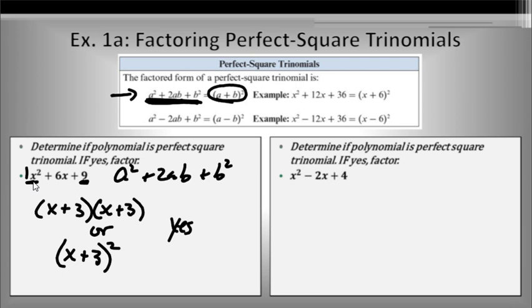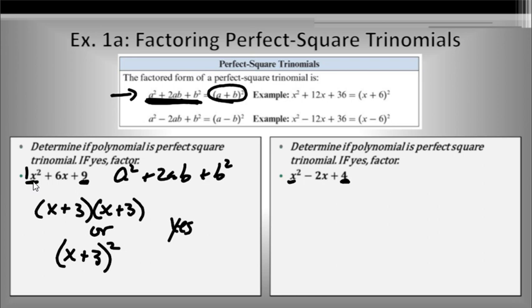The next one, check the first term and the last term. Are they perfect squares? Yes, because 4 is a perfect square, that's 2. Now in the middle, we have a negative 2x. So if I take the square root of 4, and I have a positive 2 plus a positive 2, that is a positive 4.